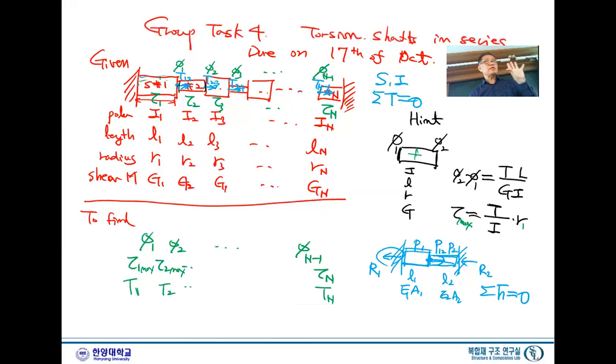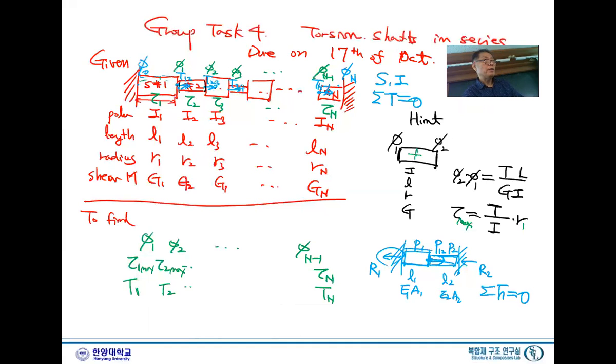Now, to solve the statically indeterminate problem, what do you need to do? Well, you have to consider each one's material properties, and at each junction, you have to have a deformation compatibility, right? So I would suggest that you start with phi 0, and phi 1 and phi 2 and so on, and this will be phi n, right?